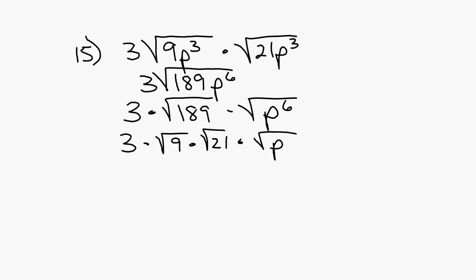So simplify your perfect squares. The square root of 9 is equal to 3, and the square root of p to the 6th is equal to p to the 3rd. So now multiply your numbers that are outside the radical, which is 3 times p to the 3rd. So you got 9p to the 3rd. Inside the radical, you've got the square root of 21.